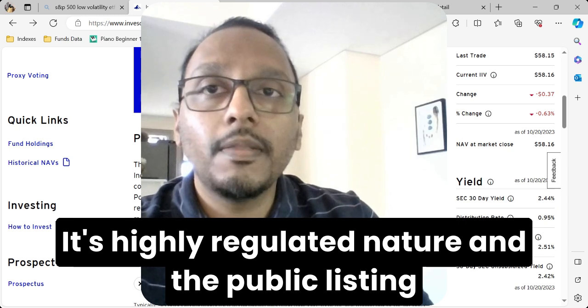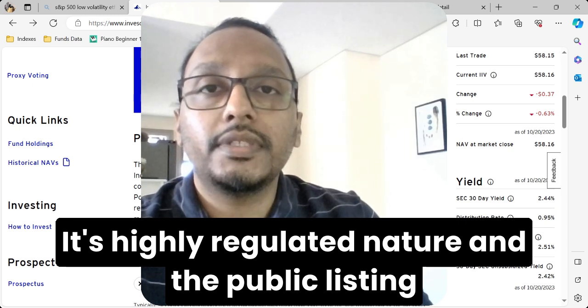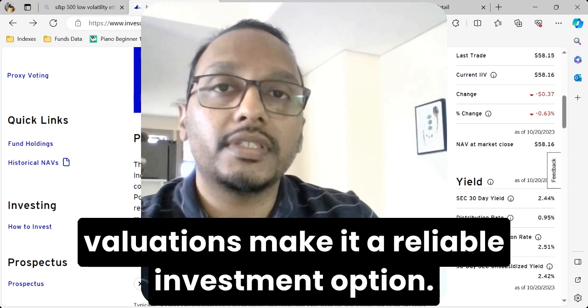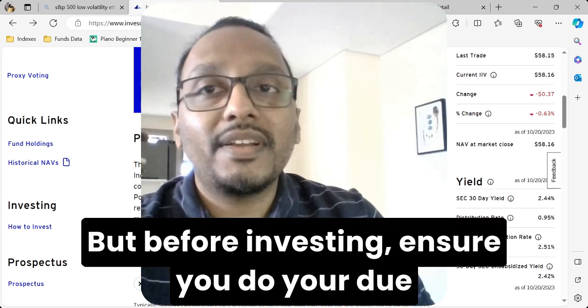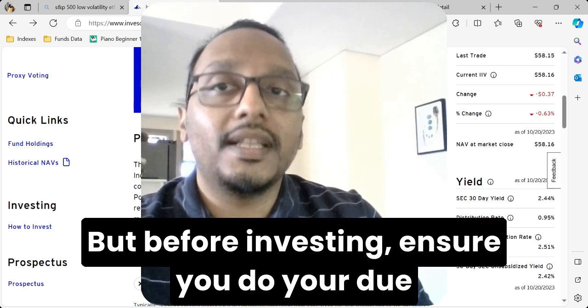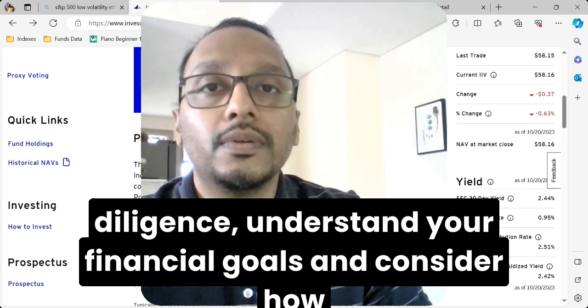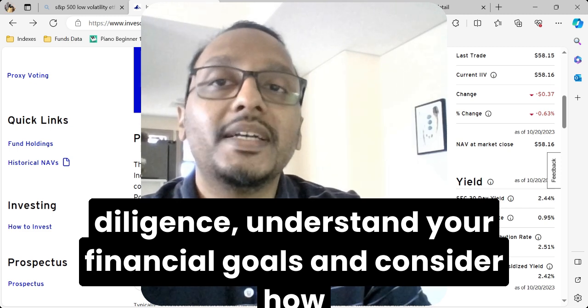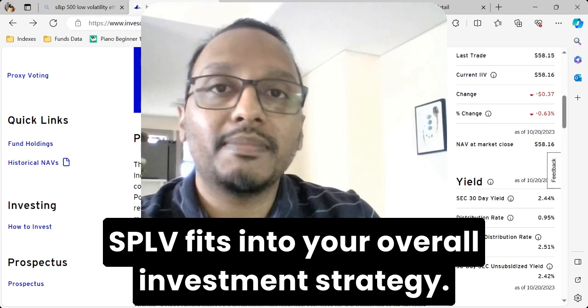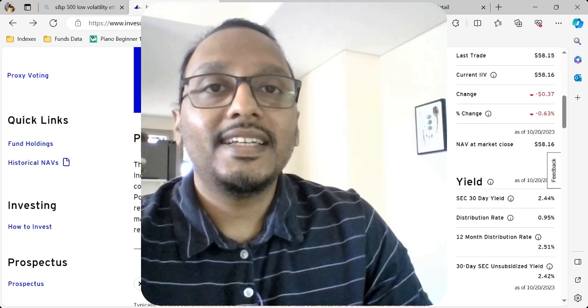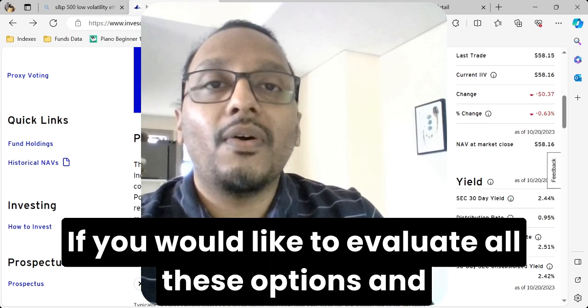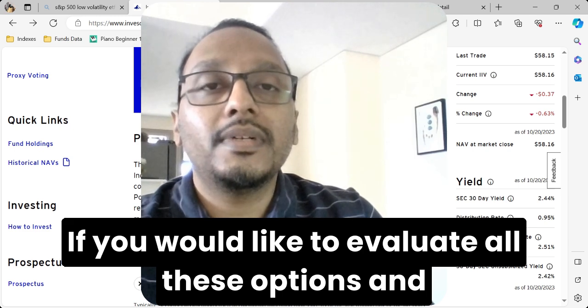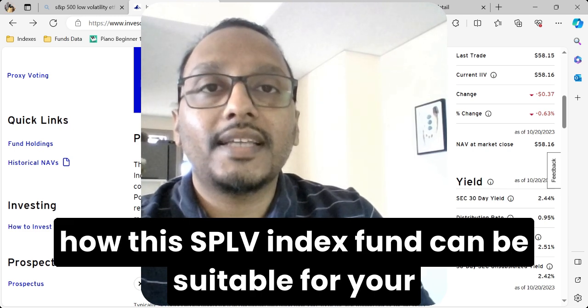Its highly regulated nature and the public listing valuations make it a reliable investment option. But before investing, ensure you do your due diligence, understand your financial goals, and consider how SPLV fits into your overall investment strategy.